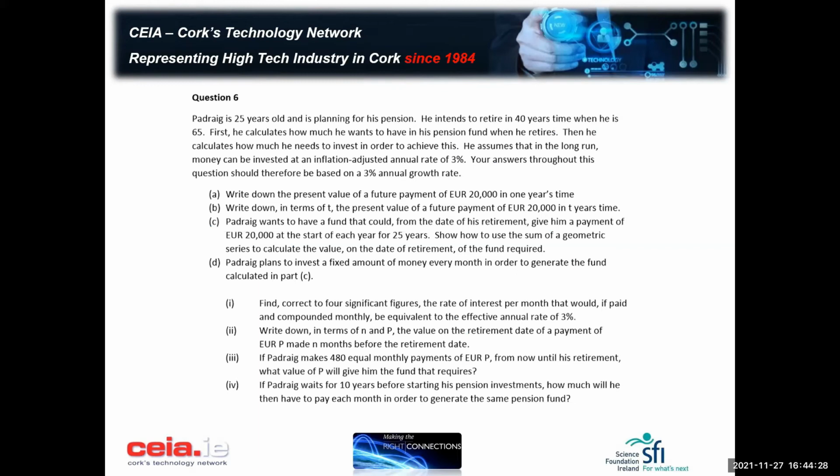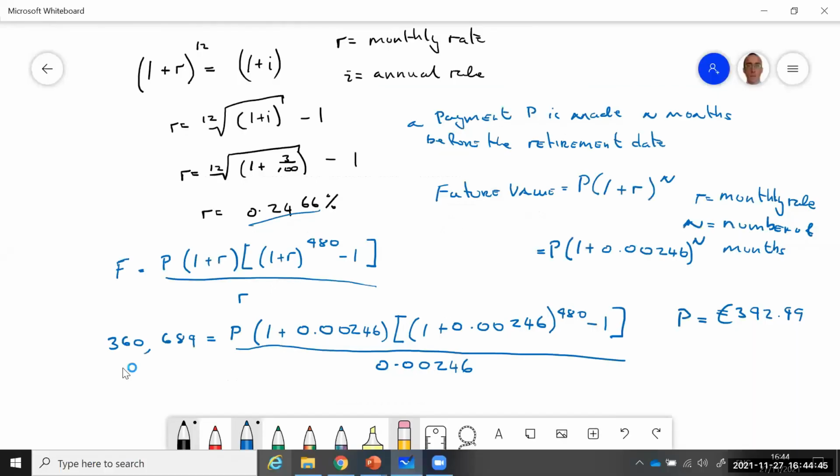So a good initial stab at this question is to predict that the new monthly investment amount will be greater than the previous one. So we're anticipating an answer that's going to be greater than 392.99.